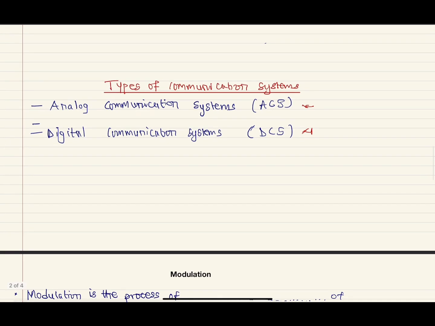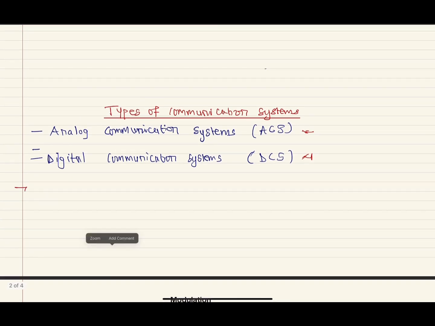Let's look at the analog communication system, which in short I've written as ACS. This ACS transmits signals that are continuous in both time and amplitude. So for instance, the audio signal from a microphone is an analog signal. Let's take note of that.